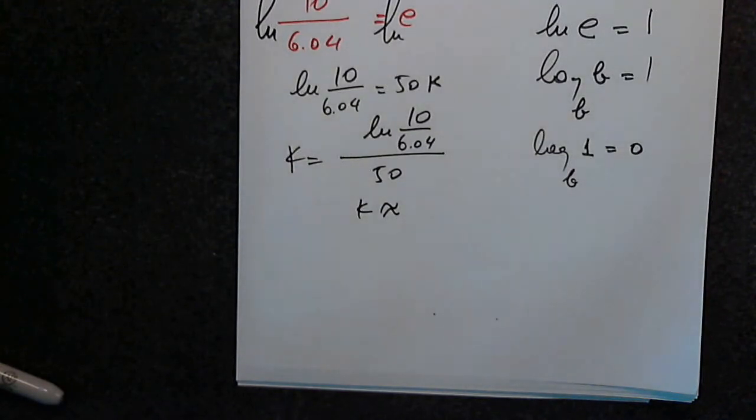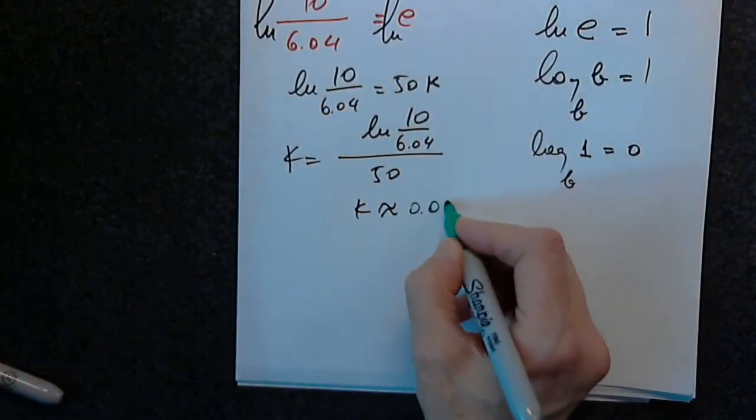So let's plug it in, and you can always easily check. So we had natural log of 10 divided by 6.04, and divide everything by 50. And the growth rate is 0.0101.